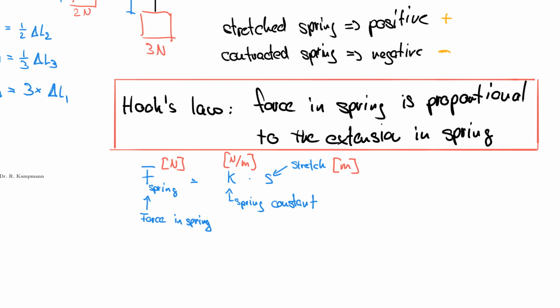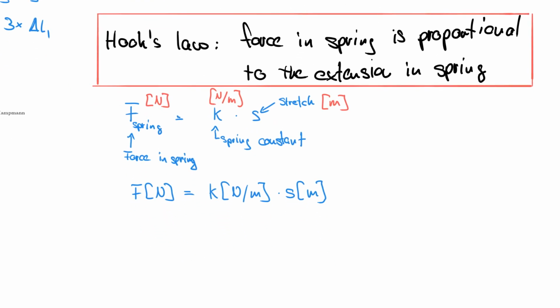So the real formula then reads F in Newton is equal to K in Newton per meter multiplied by S in meters. And likewise, you often need to find actually the stretch rather than the force in the spring. So when that is the case, then you have to find the stretch in meters.